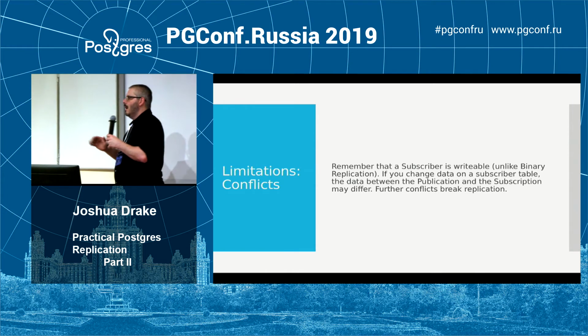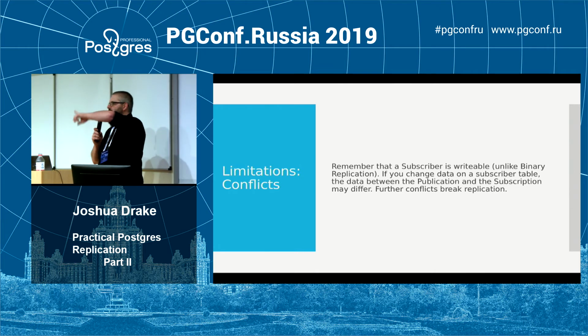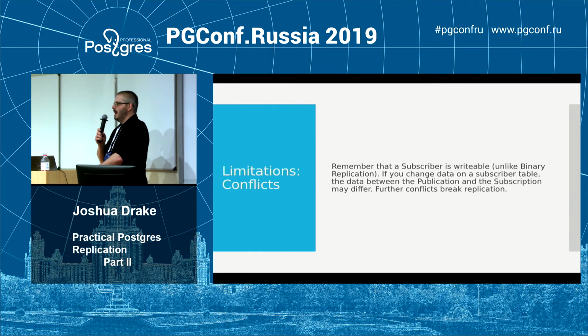Everything's fine, but then your publication sends over a row that violates a foreign key because of the changes you made. Replication stops. Stops cold. It is now broken. You have to fix the error and then resynchronize. Which is not what we want with high availability. What we want with high availability is I fail over, it works, everything's good. That's what we want.